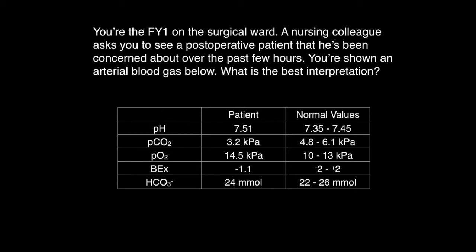A metabolic acidosis would be the compensation for a respiratory alkalosis, because they go in opposite directions. But the metabolic compensation takes from 6 hours, maybe 12. So if this problem's only been there for a few hours, it's unlikely that there's been any metabolic compensation.